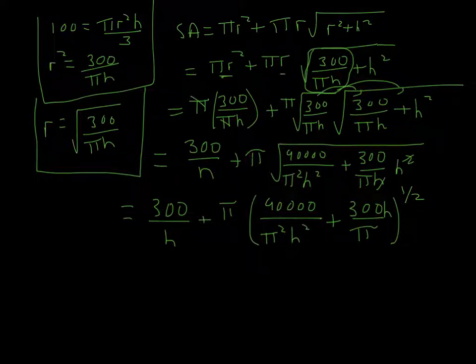So if we want to take the derivative of this thing, the first part is easy because it's just going to be negative 300 over h squared.